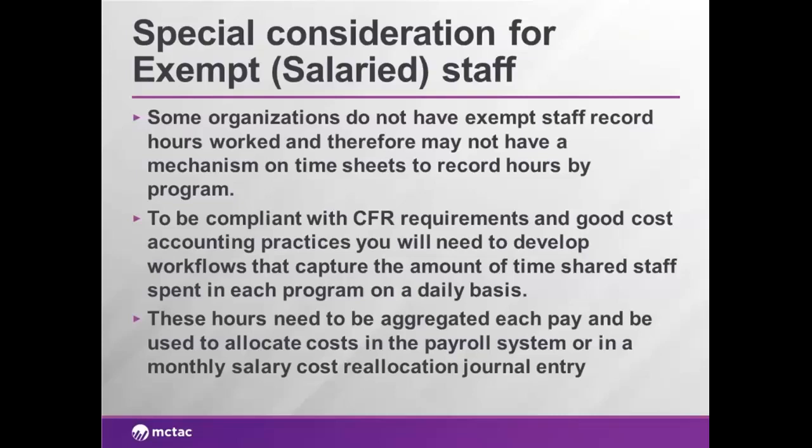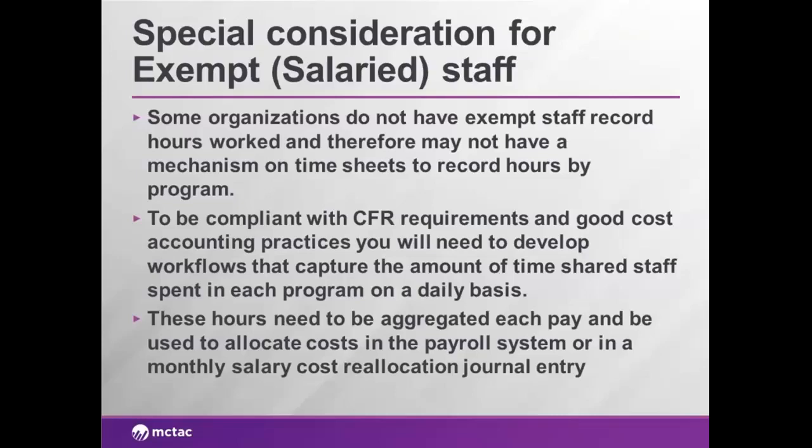To be compliant with CFR and to have a good cost accounting practice, you have to develop workflows that capture the amount of time shared staff spend on the program on a daily basis. And these hours need to be aggregated each pay period to be used to allocate the costs in the payroll system. Some people do it in journal entries. Some folks load the time into a single program.